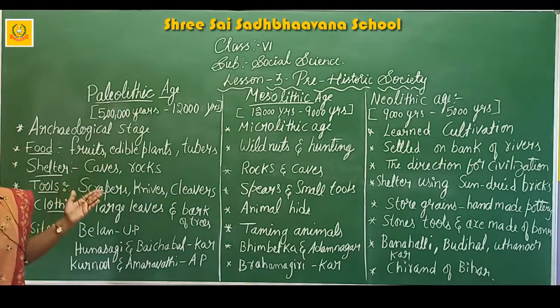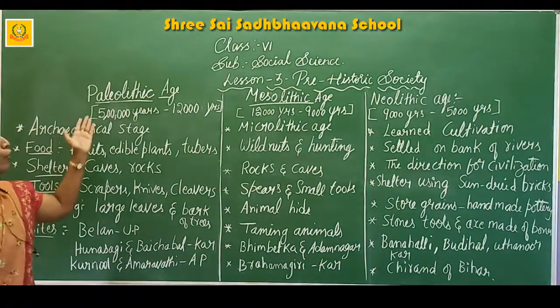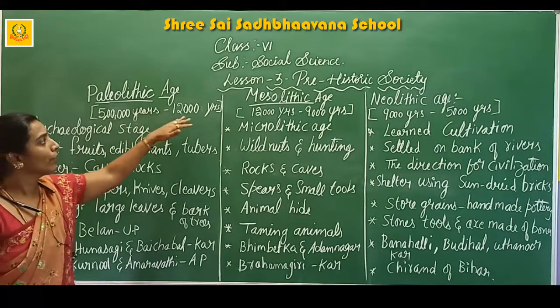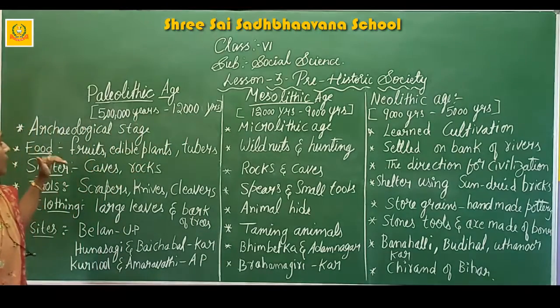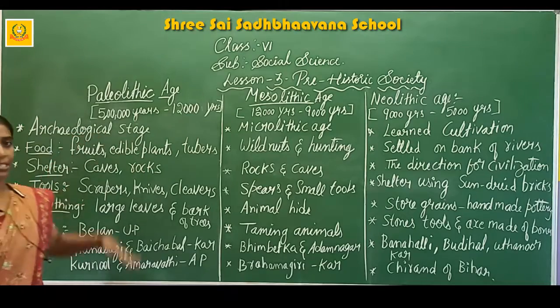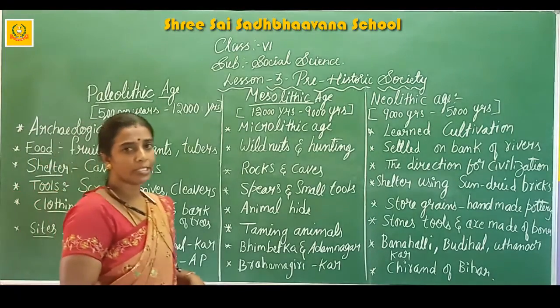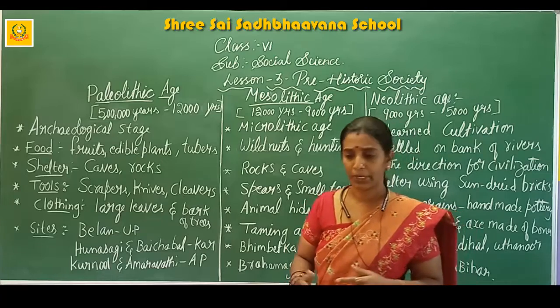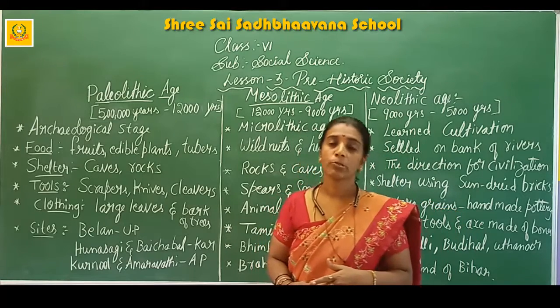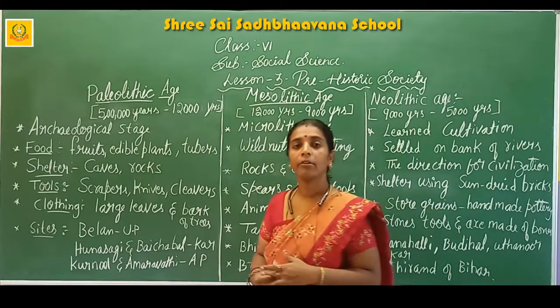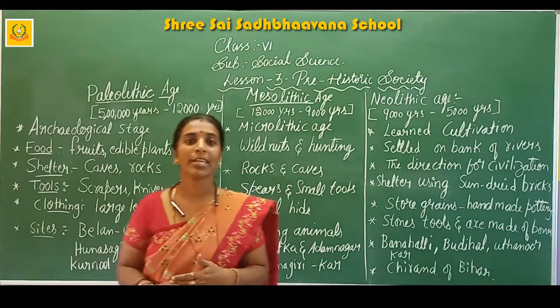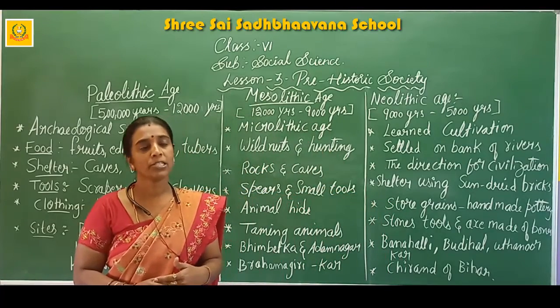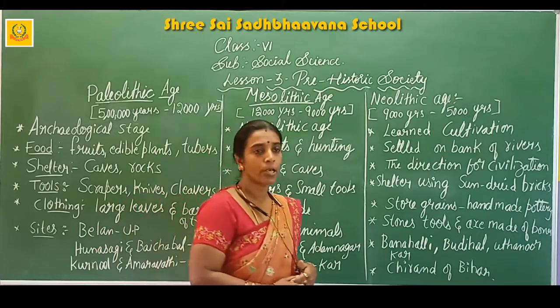Paleolithic Age is considered between 5 lakh years and 12,000 years. Children, it is also called the archaeological stage. What do you mean by archaeology or archaeological stage? Children, when I explained history and sources of history, I explained the sources, of which one is archaeological sources.